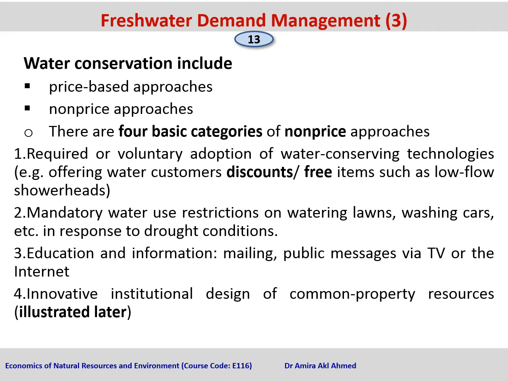Regarding the first category of non-price approaches, that is voluntary adoption of water conserving technologies, it includes setting standards for device efficiency or offering water customers discounts or even free items such as low-flow showerheads.